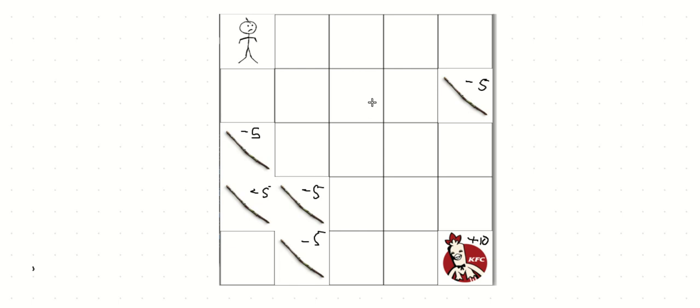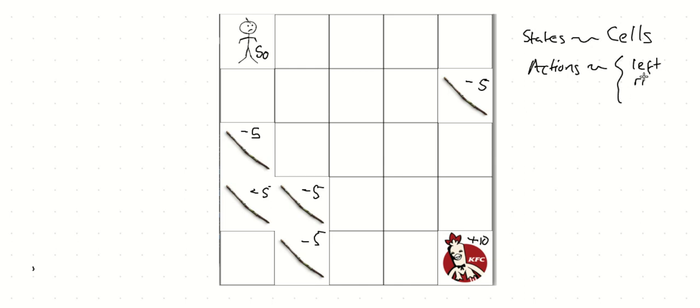And if you remember from the last video, we spoke about what we would consider a state in this environment, what our actions are. So I'll just briefly reiterate. So let's say this is our initial state as 0, and so our states actually were corresponding to the cells that we're in, and the actions we could take were pretty much say left, right, up.